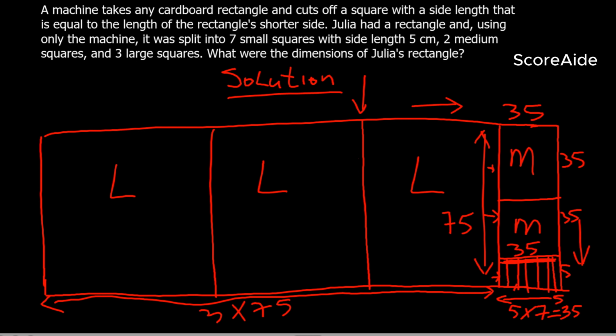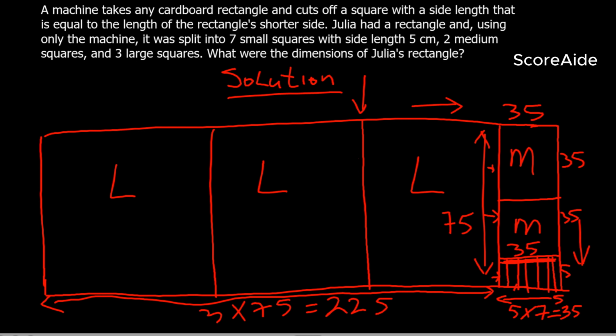You can multiply 70 times 3, which is 210, plus 15. 210 plus 15 is 225. I hope I'm correct. So it is 225 for that.